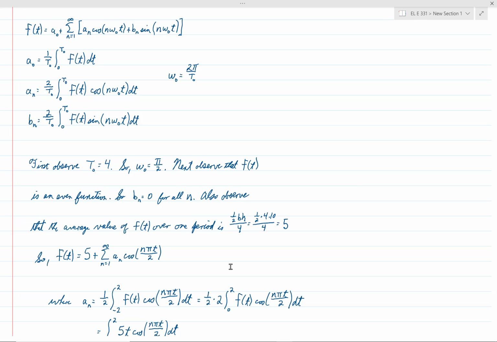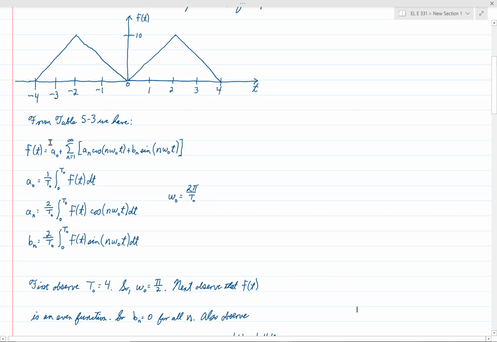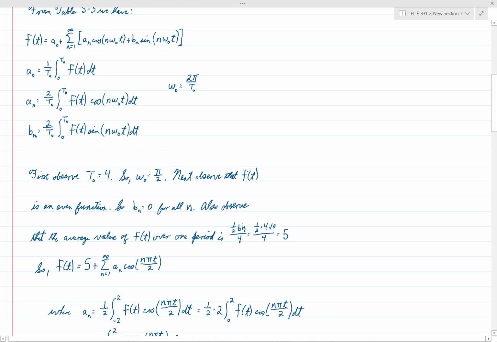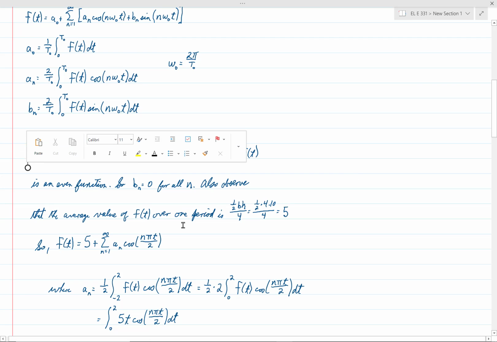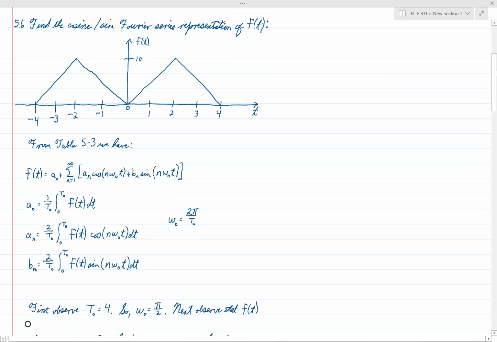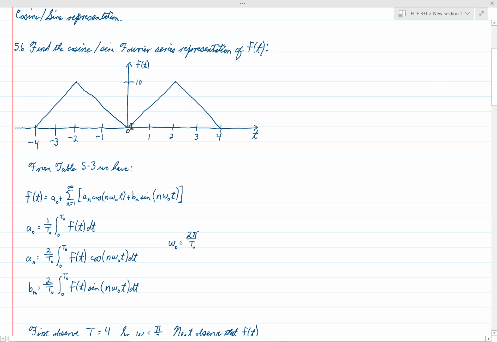I mean, let's think about what would happen if you didn't do what I did here. If you had integrated just straight from 0 to 4, you would have had to type in more, because from 0 to 2, this function has one expression, and from 2 to 4, it has another expression.